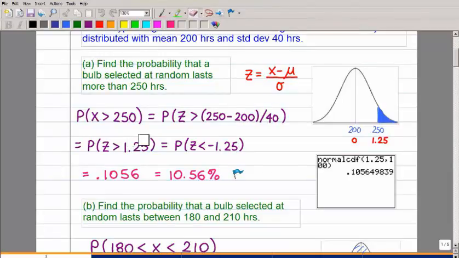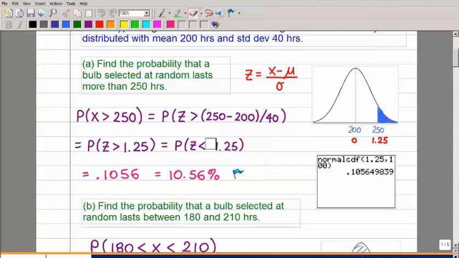You can look up 1.25 and calculate 1 minus that value, or change it to less than and then change the sign of your z. If it's positive, make it negative. If it's negative, make it positive. I prefer this way so I don't have to bother with the 1 minus, but if you like the 1 minus better, that will be fine.